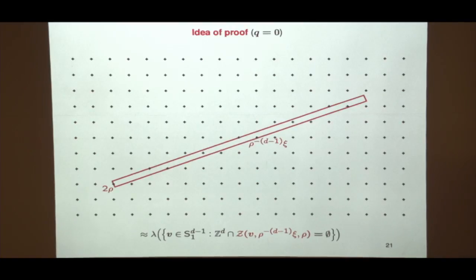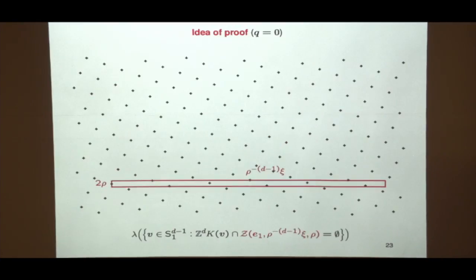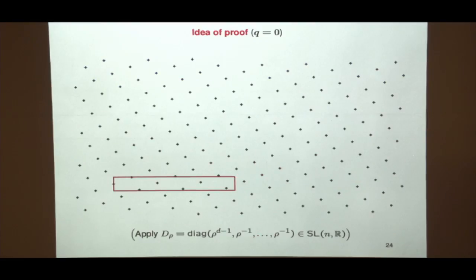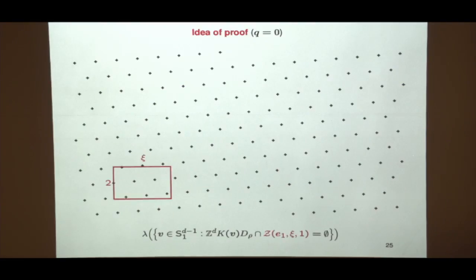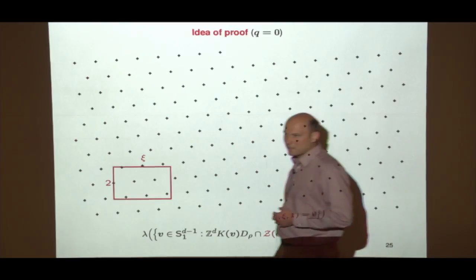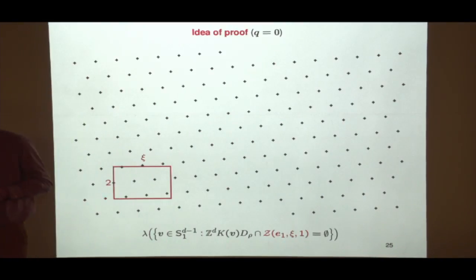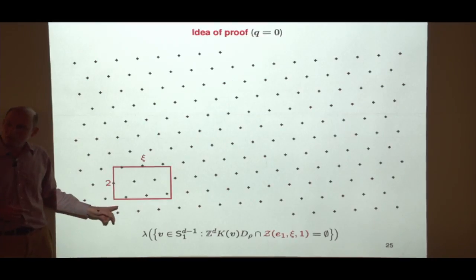And there you already see how the cylinder comes in. But now it's very long and very thin. So we apply a few linear transformations to the whole picture to make that cylinder nicely proportioned. And the key thing is that this cylinder no longer depends on rho.